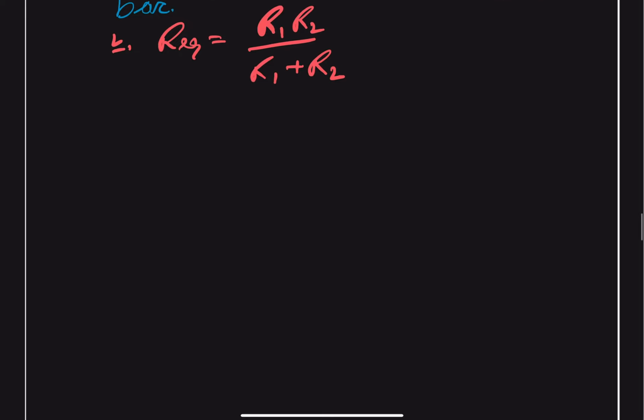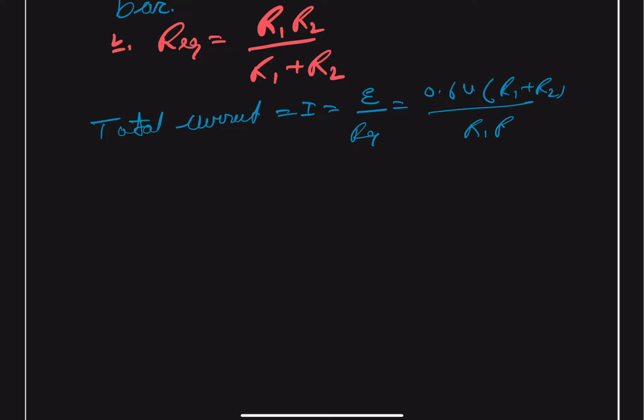If the total current is I, then this current I will be equal to EMF divided by R equivalent. So total current I will be equal to E divided by R equivalent, and EMF we already know is 0.6 V, and this comes as R1 plus R2 divided by R1 R2.